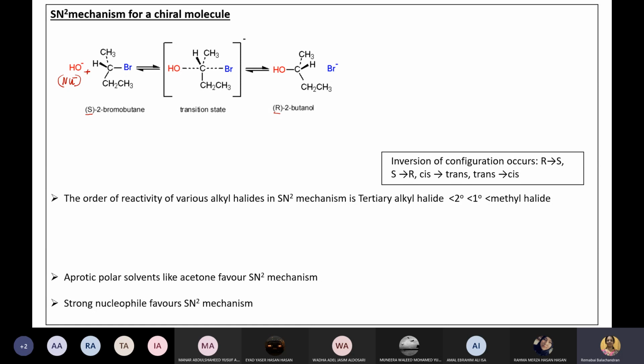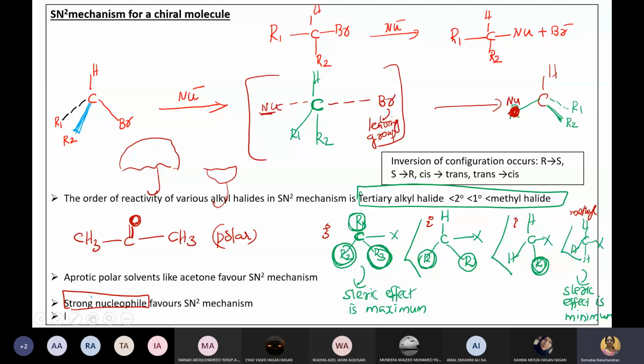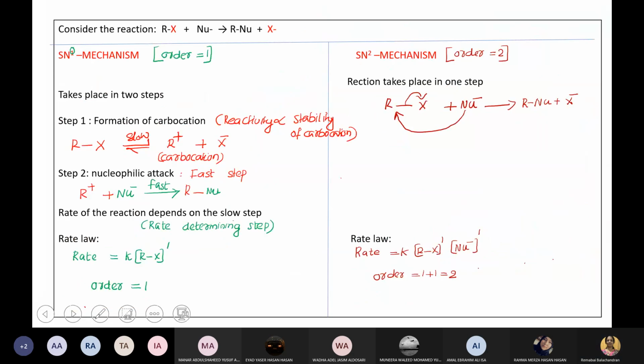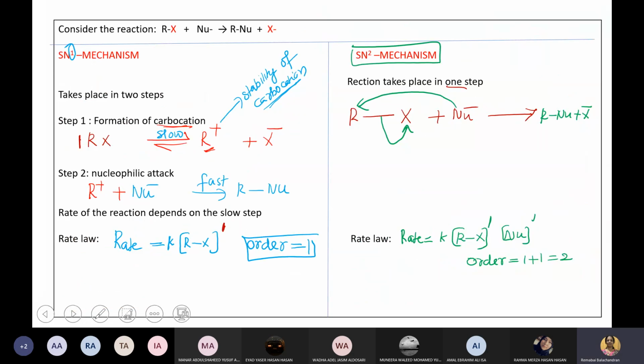I'll tell you slowly, listen. The incoming group, that is the nucleophile, here OH, is approaching the carbon, coming closer to the carbon at an angle.